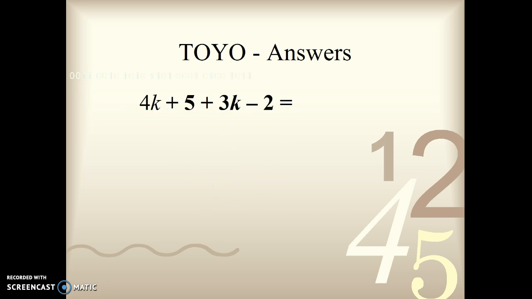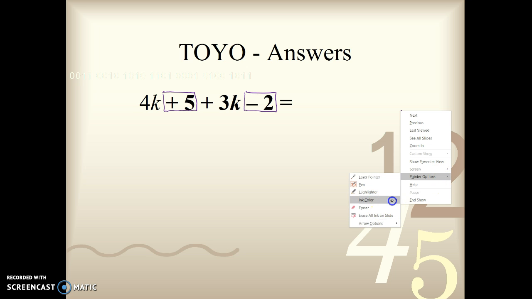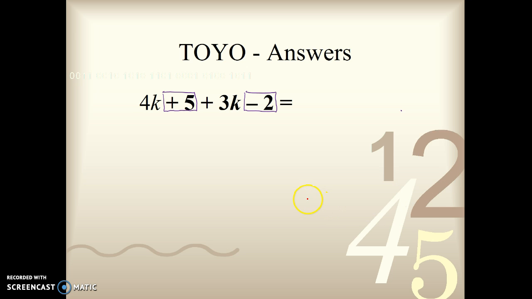All right, 4k plus 5 plus 3k minus 2. Let's go ahead and box like terms again. So I'm going to box my number terms here first because I've got my ink set on purple. And then I'm going to go back and box the terms that I have a variable with. So this 3k plus the 4k. All right, now I'm going to rearrange.